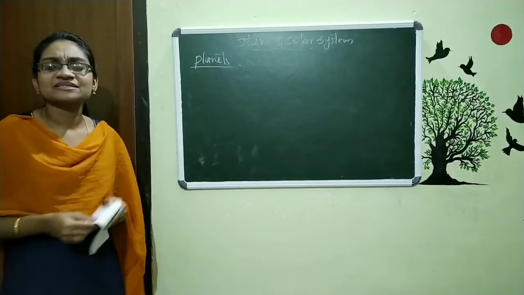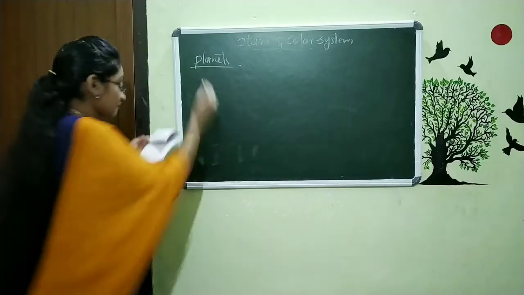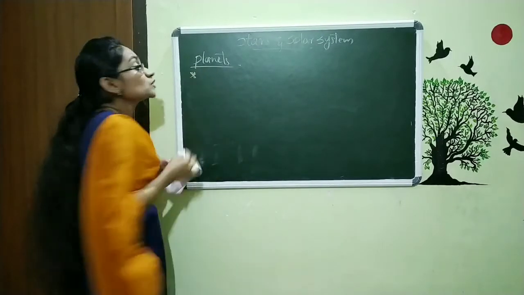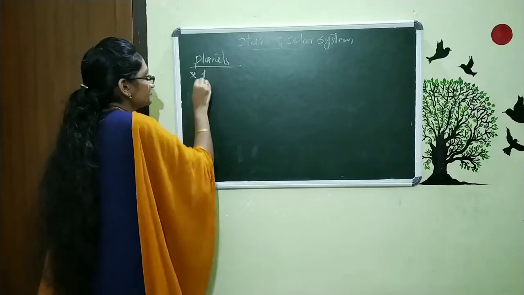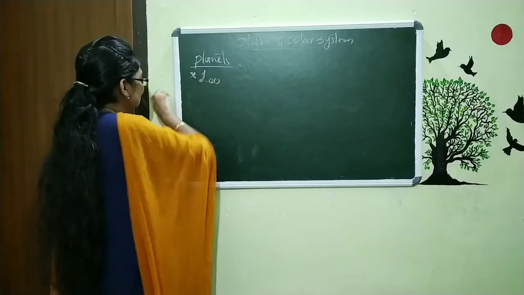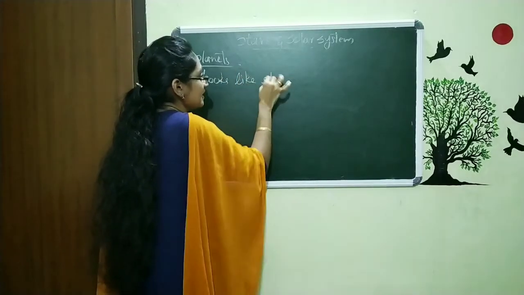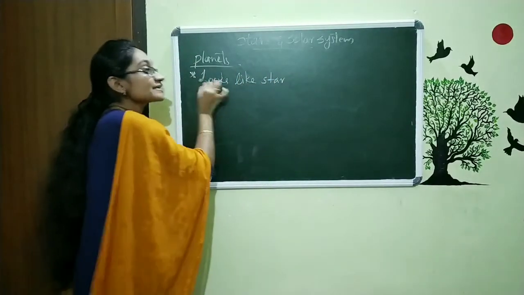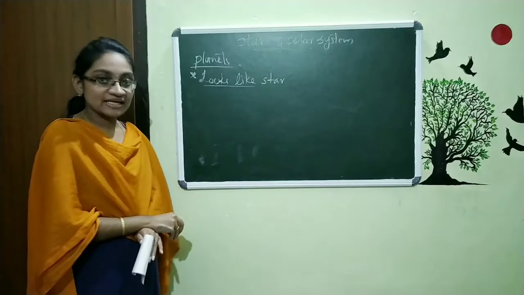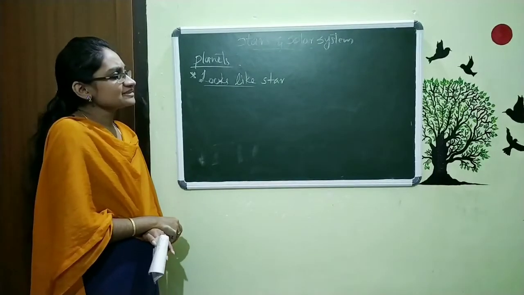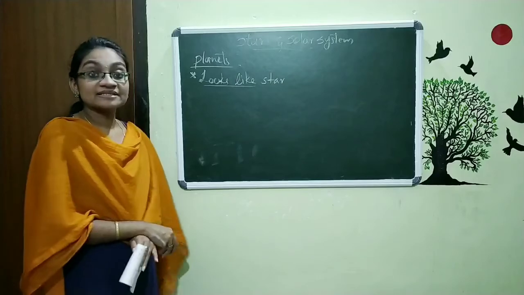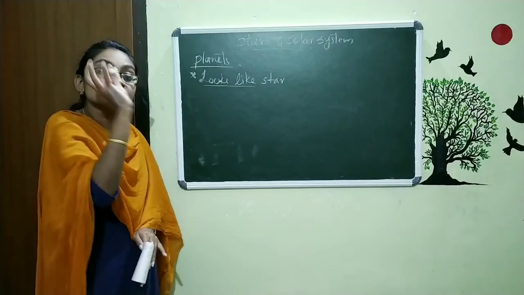What is a planet? A planet actually looks like a star. Looks like a star means it is not actually a star. When we look at a planet, we feel like it is producing light.